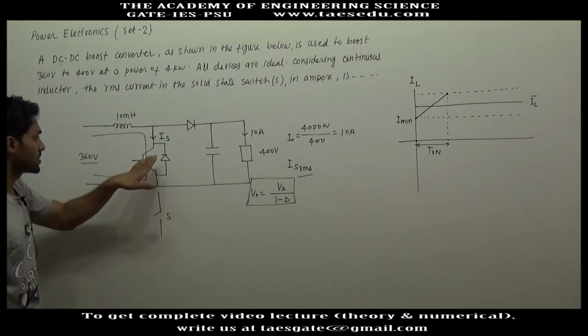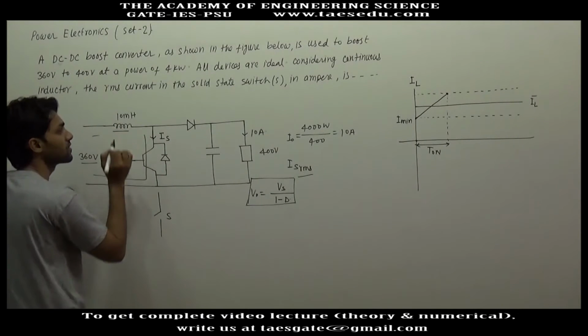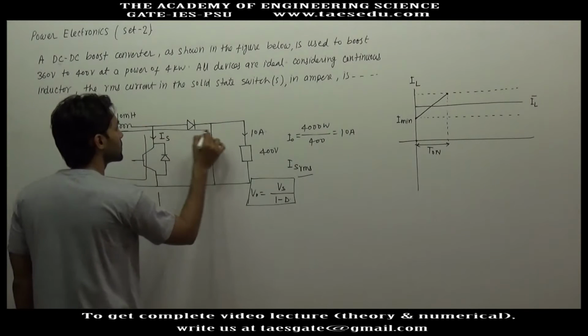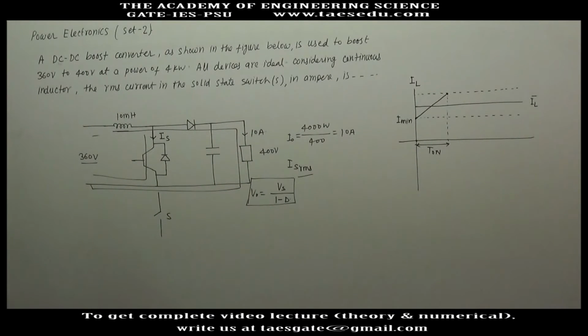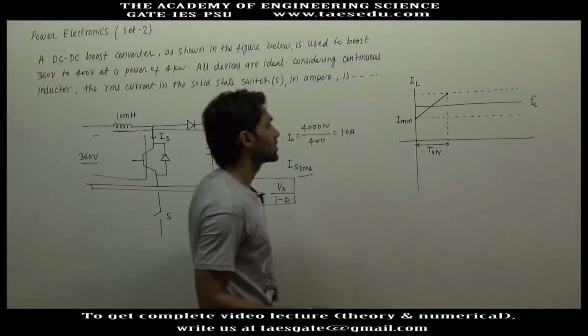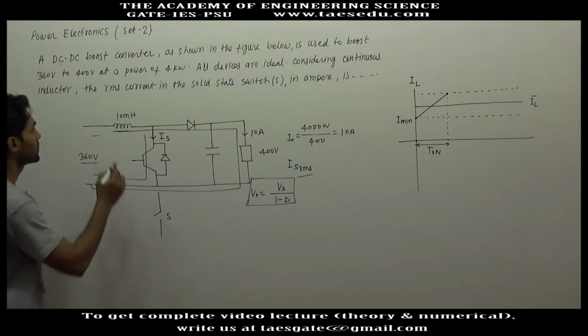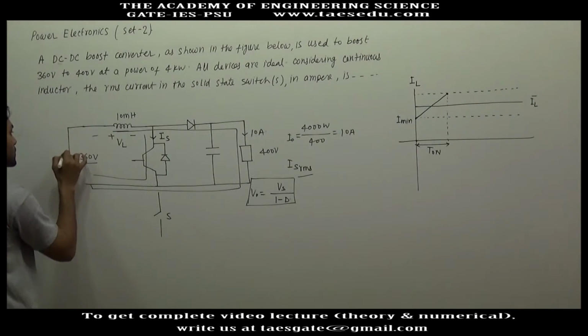Similarly, when this switch is disconnected, the established value of inductor current will take the path of load. Now, when the inductor current was growing, what was the slope? The voltage across inductor was this 360 volt.